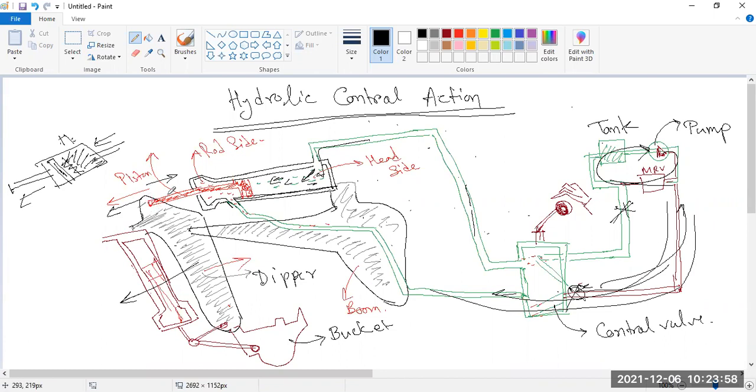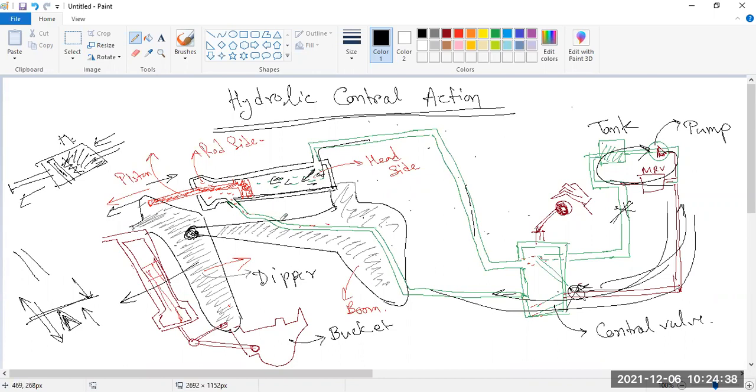Whenever this dipper is getting some force, then this portion, because here is the fulcrum area, works as a lever. If a fulcrum point is there, if you push here, then this portion will go up, or if you push the downward side, then it will go to the lower side. So that's why, if the fulcrum point is there, the piston is pushing over there, so it will come near.